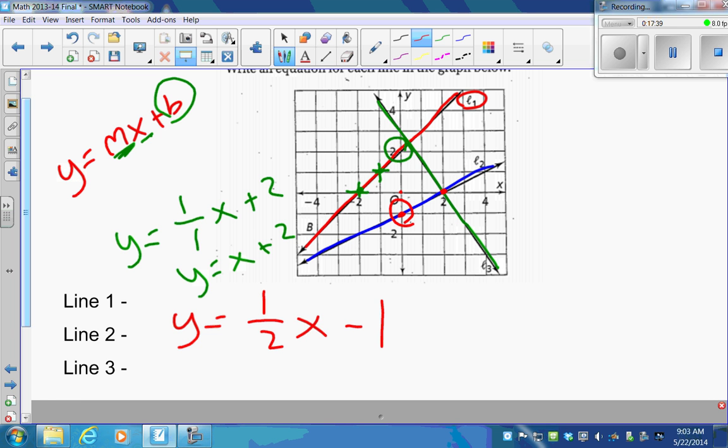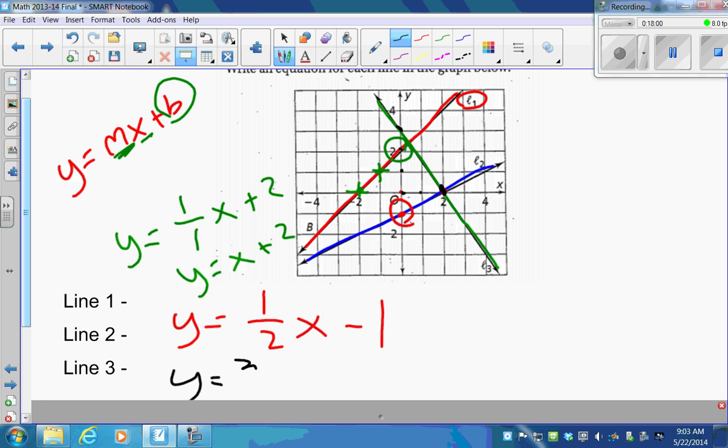Don't forget that. My line 3, let's find 2 points. Here's a point right here, and it doesn't have 2 crossing points again until right there on that line. So y equals, that goes down 1, 2, 3, and over 1, 2.